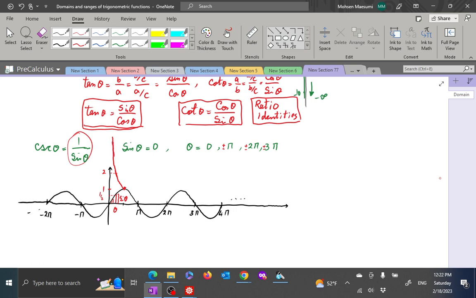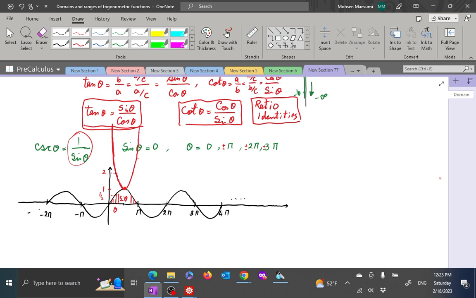So this is going to start to escape straight up, like a spaceship going straight up. The same issue is going to happen on this side, like at this angle, 5 pi over 6. Sine is a half, its reciprocal will be 2. As sine comes close to 0, when I get close to pi, my value is going to go higher and higher. So this is going to go way up.